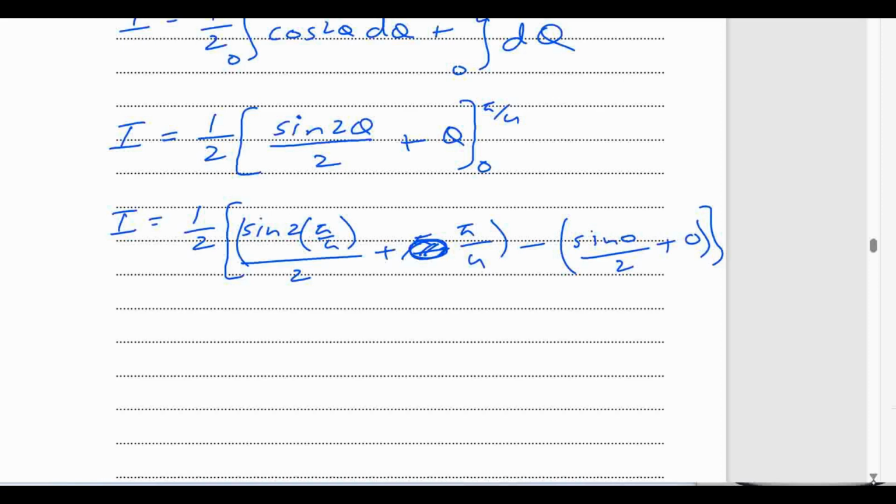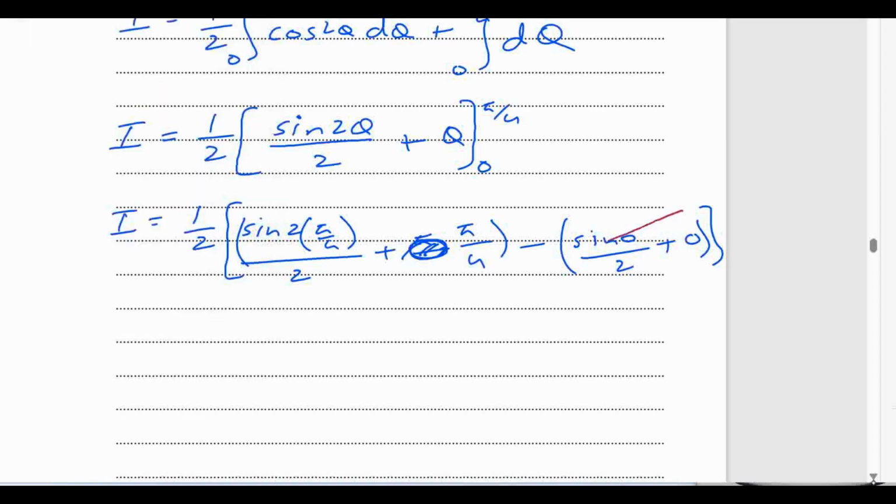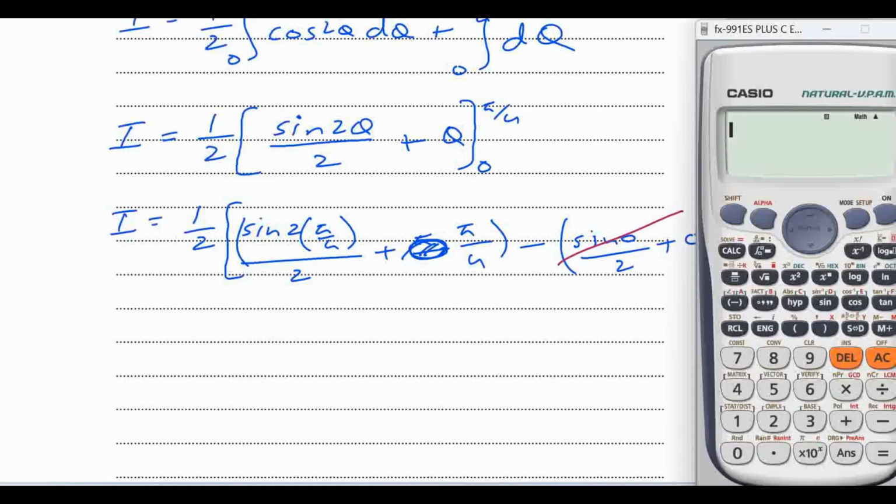So okay, now from here we can see sine 0 is 0 and this will become 0. Let's find out the second one, sine of pi by 4.